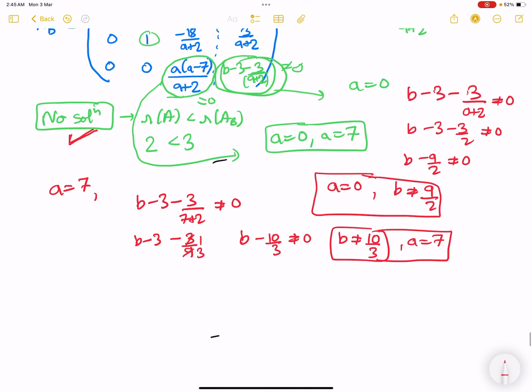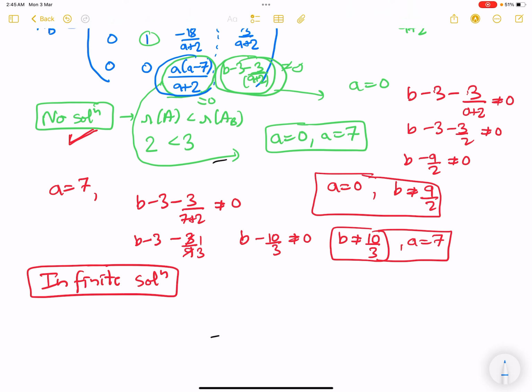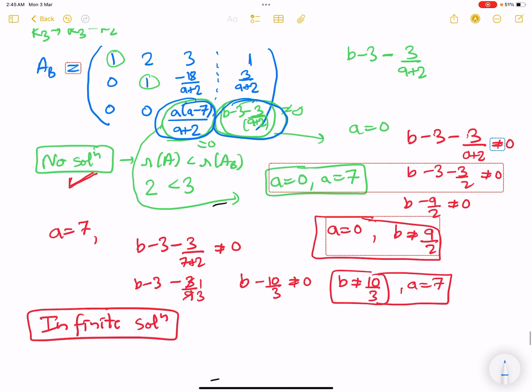Similarly, there would be infinite solutions. There would be infinite solutions when we have this term as 0 and this term as well to be 0.